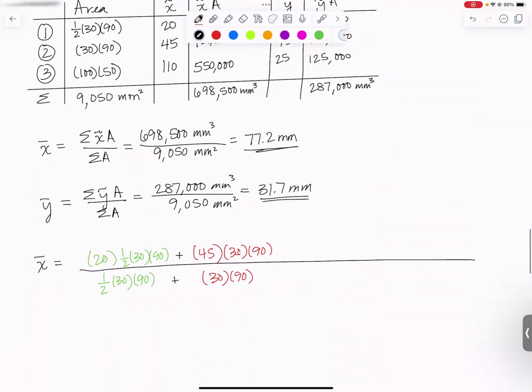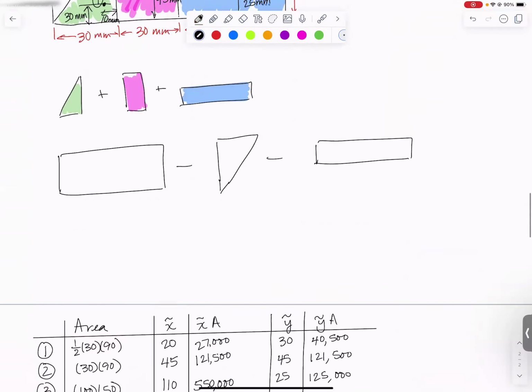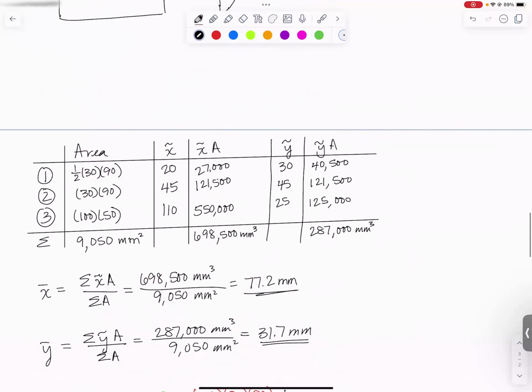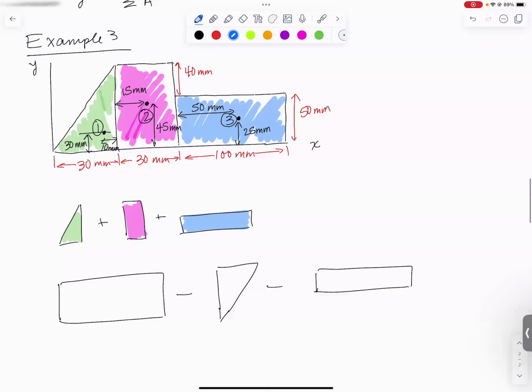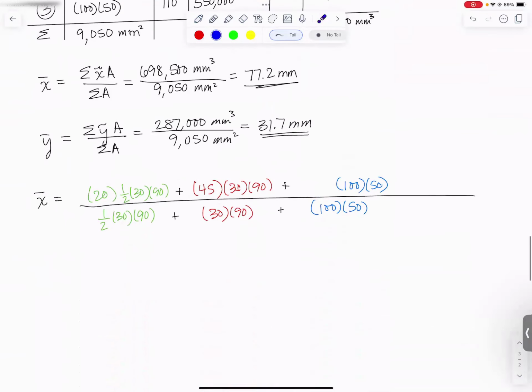And then finally, for our last rectangle, that one was 100 times 50 for the area. And its centroid location was, we had to start with 30, plus 30 is 60, plus 50 more, 110. And we drop in a 110. And if you do all of that multiplication correctly, you will get this same exact 72.2 millimeters that we found before.